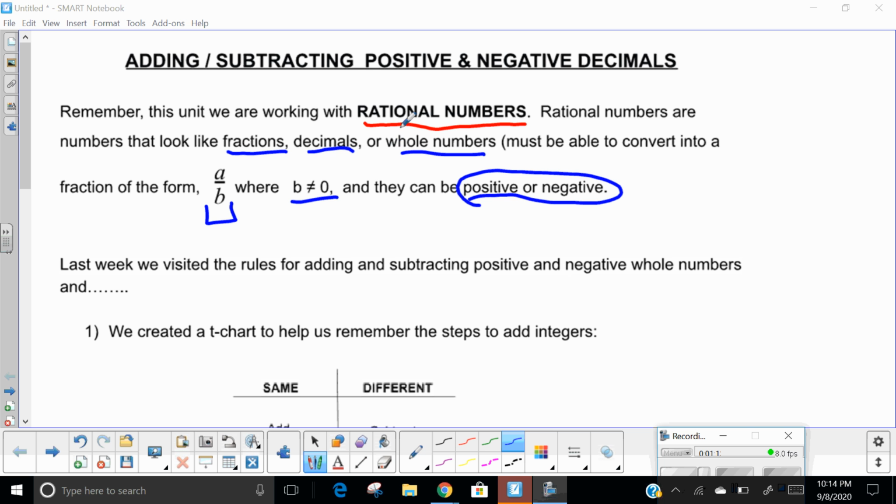Okay, and that was how we defined rational numbers. So rational numbers are all types of numbers. They can look like positive and negative fractions. They can look like positive and negative decimals, or they can be positive and negative whole numbers. Okay, so that was one of the first things that we learned last week.